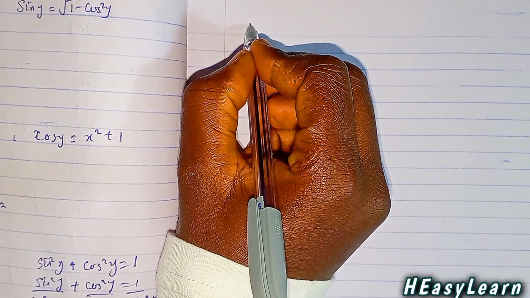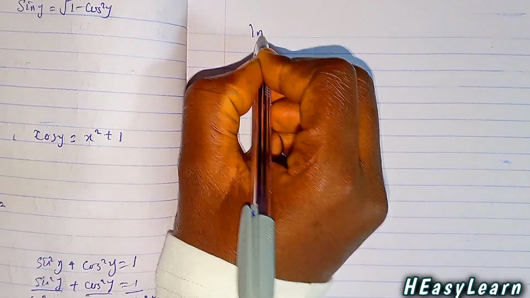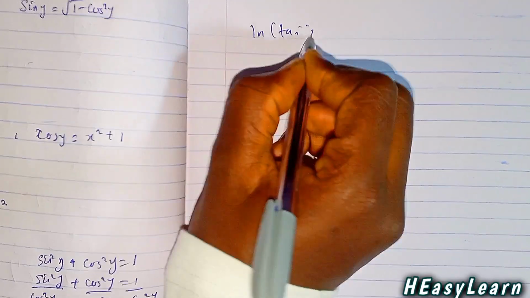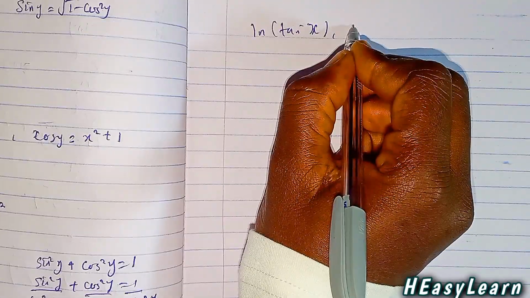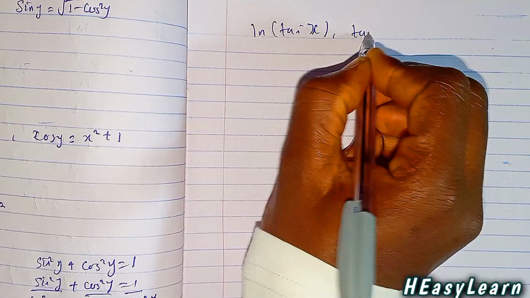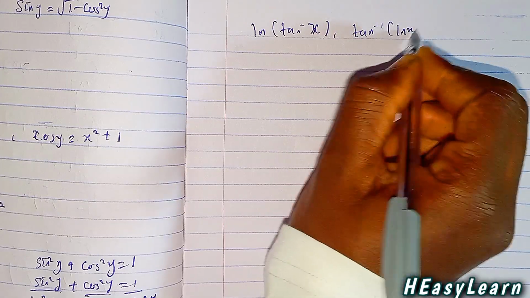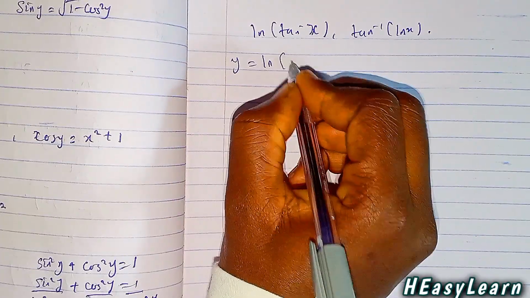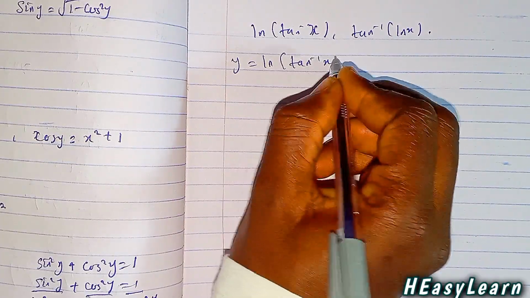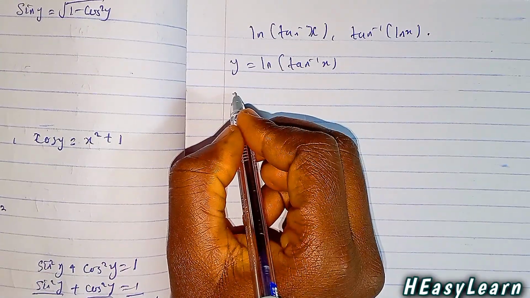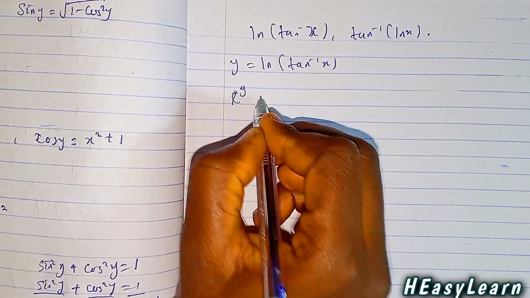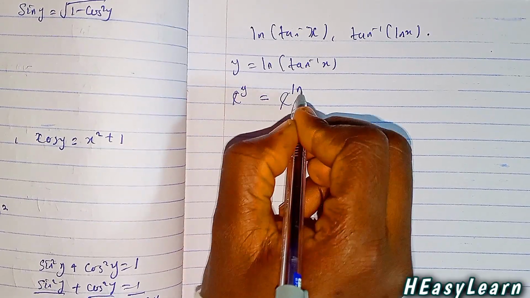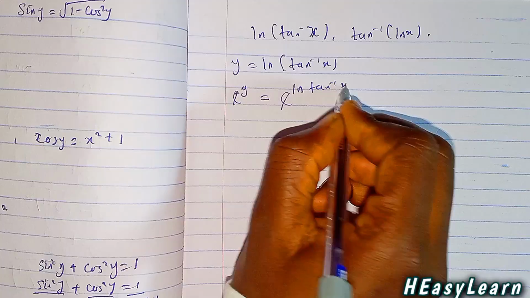What is going to be the derivative of the function ln tan inverse of x, and the derivative of tan inverse of ln x? In this case, to find the derivative, first let y equal ln tan inverse of x. So take the exponential of both sides. Exponential y equals exponential ln tan inverse of x.